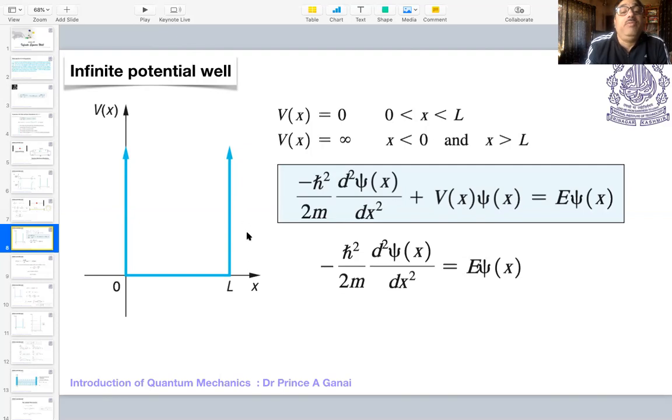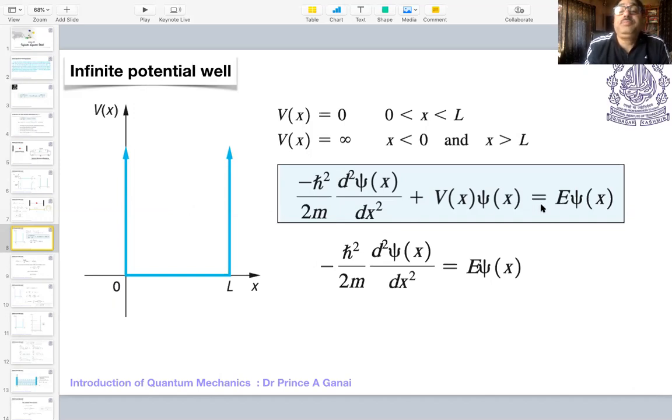There is no probability of finding the particle here or here. So that is not possible. So the particle is confined only between the two walls.